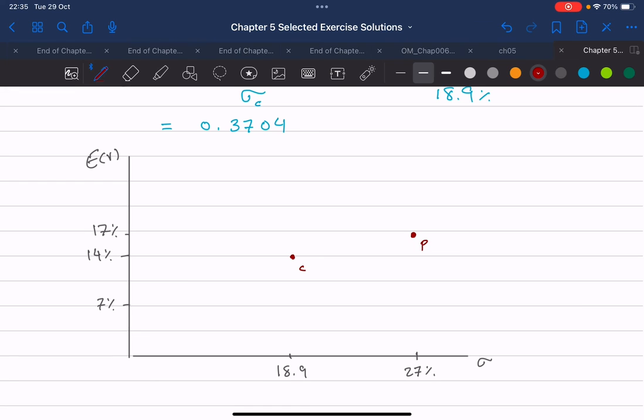Now we're just going to sketch our capital allocation line. Hopefully I'm getting this. Let me slope it a little bit and then we'll move it, because we need it to pass through both points.